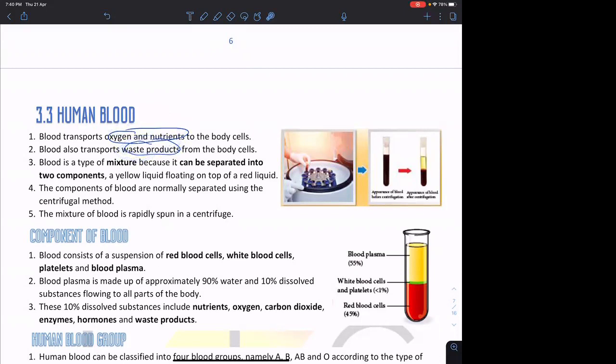Your blood has a lot of things inside it, because everything goes through your blood system. That's why, guys, if you go and do a blood test, a blood test tells you everything. Not really everything, but your blood test tells you a lot of things about your health, about what's wrong with your body.